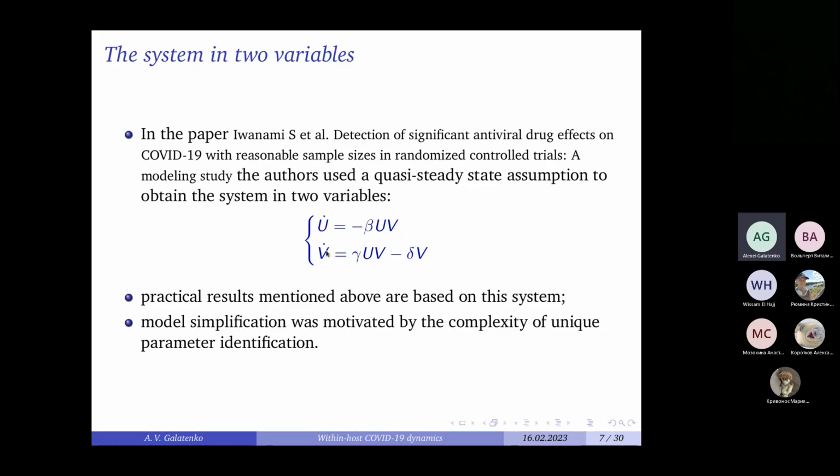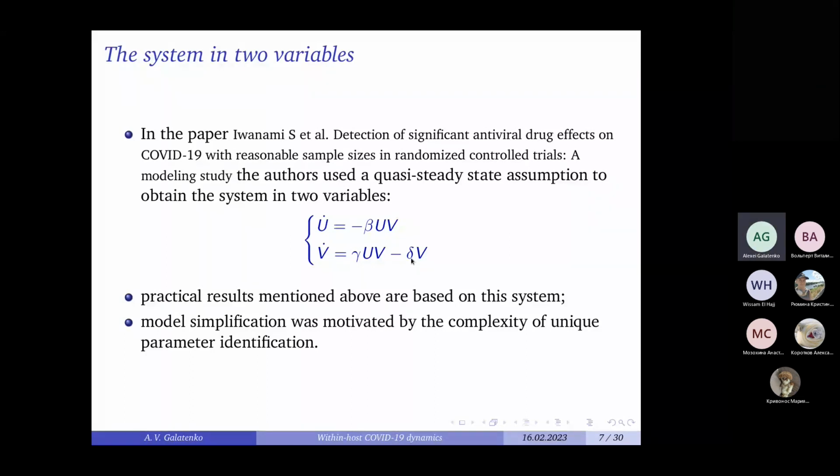And V, again, is the number of viral particles. So the fraction of healthy cells gets reduced proportionally to this product, and viral particles are produced with an intensity which is proportional to the product of the number of healthy cells and viral particles, and die at some death rate delta.